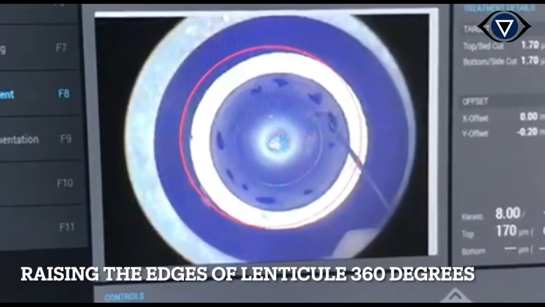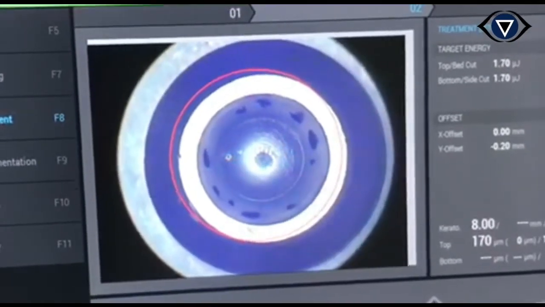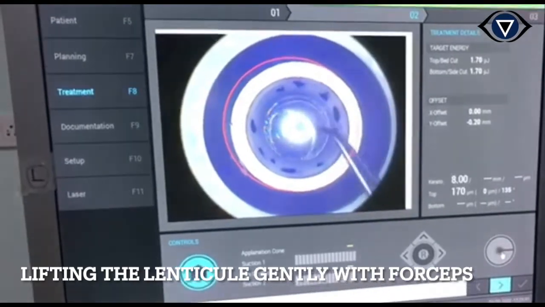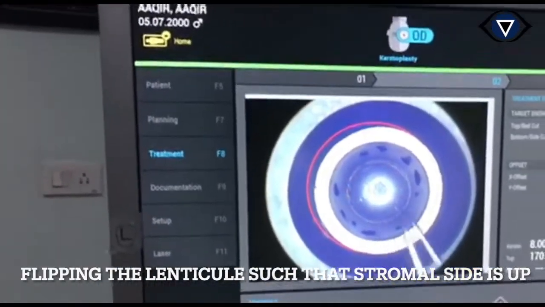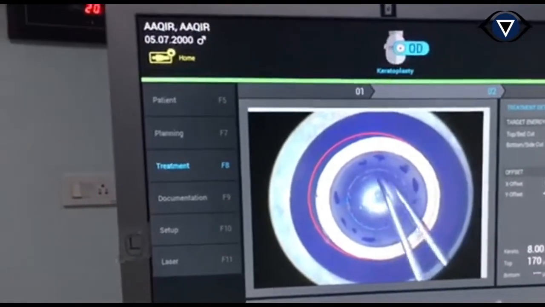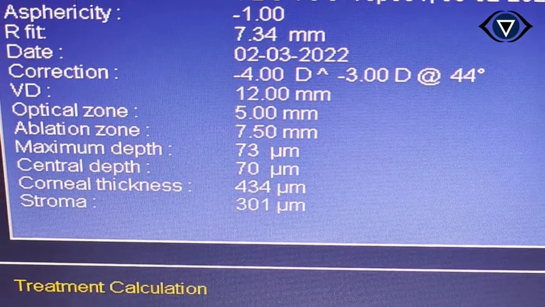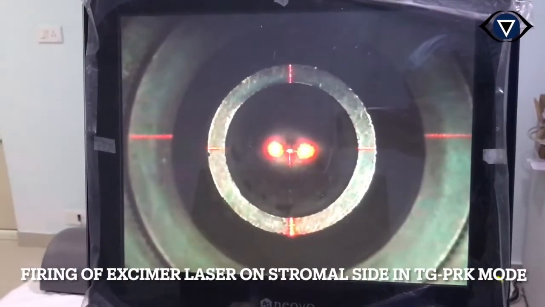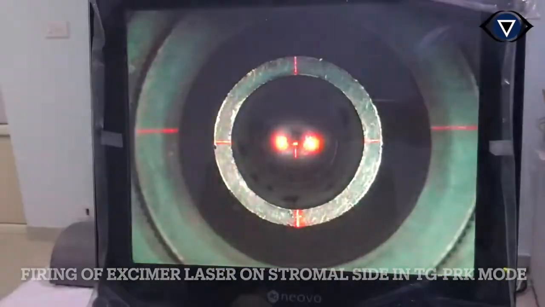Then the edges of the lenticule were lifted 360 degrees. The lenticule was then lifted up and flipped to have the stromal side up. Then the excimer laser was fired on the stromal side of the lenticule.